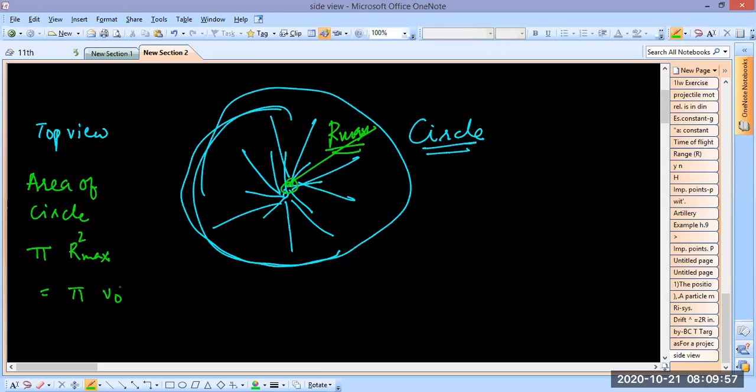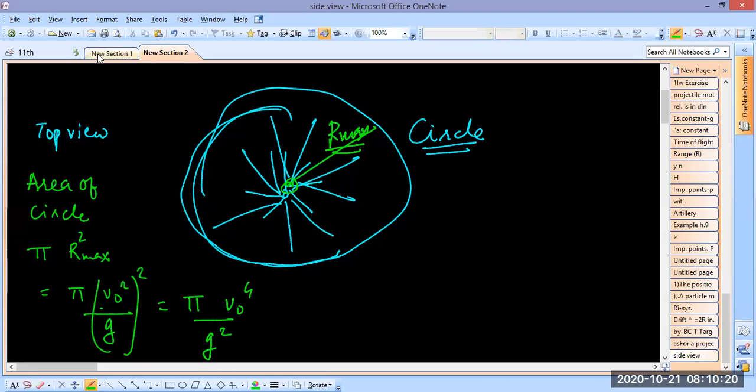So that is going to be V0 square by g, right? Oh, sorry. Just a minute. I made a slight mistake in writing here. Okay, so pi into V0 square by g, whole square. So that is pi into V0 raised to 4 upon g square.